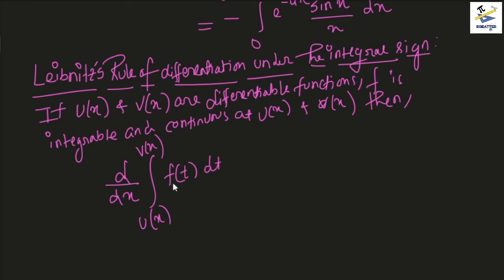We do not yet know if the function f of t has something in relation to x. So it might be the case that f is a function of two variables, three variables, we do not know yet.